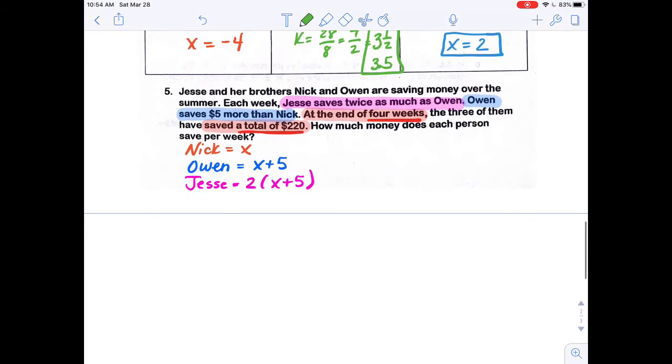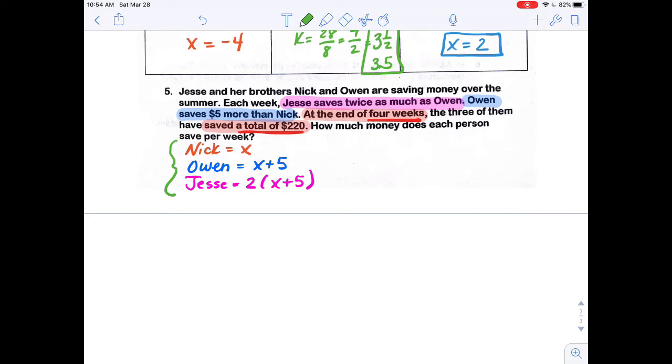And last but not least, this is where I see a lot of mistakes on this one as well. Usually you're getting pretty good at actually doing this part now, x plus 5, 2x plus 5, but be very careful when you read your questions because this says at the end of 4 weeks they saved a total of 220. What you have here is each week how much they saved.